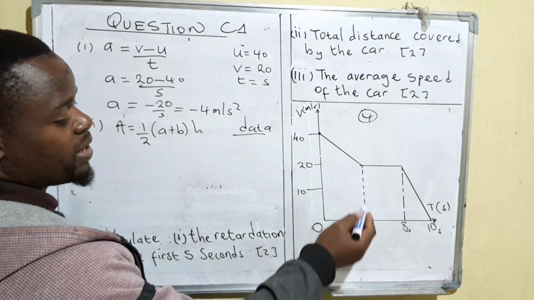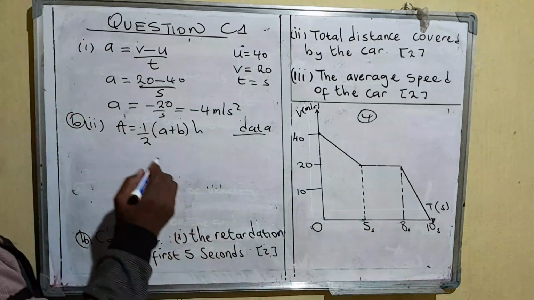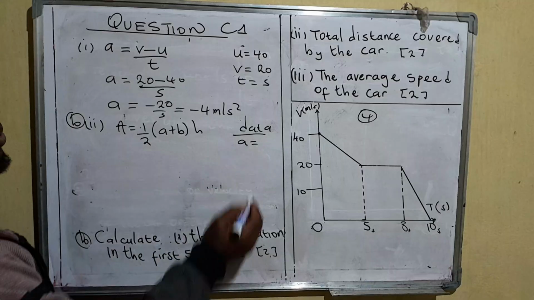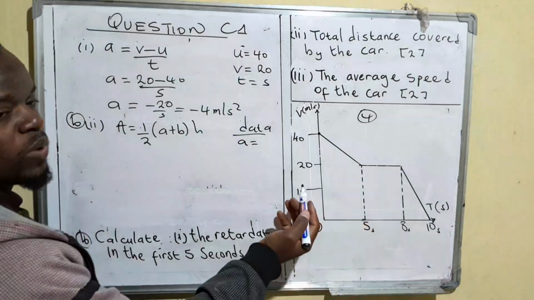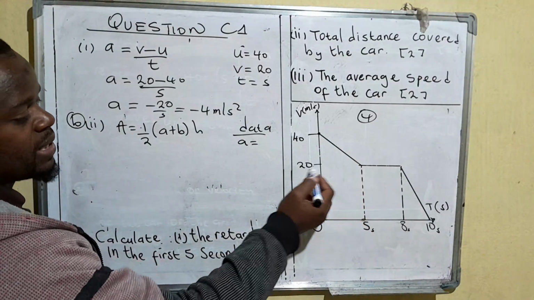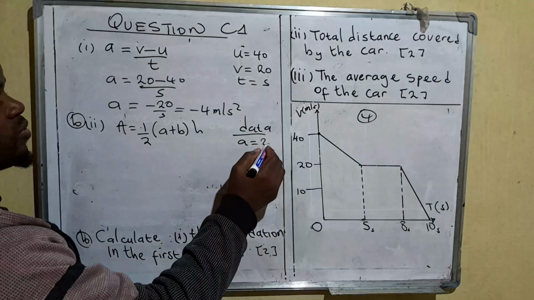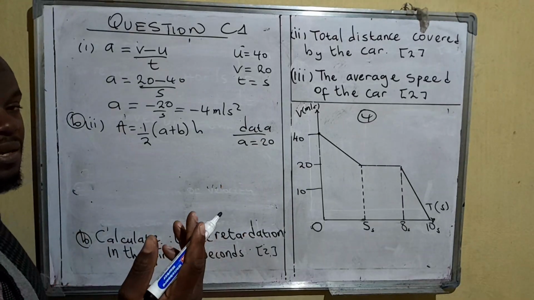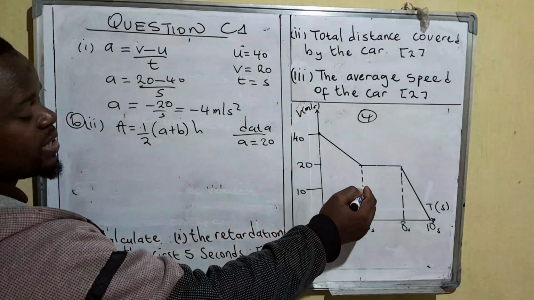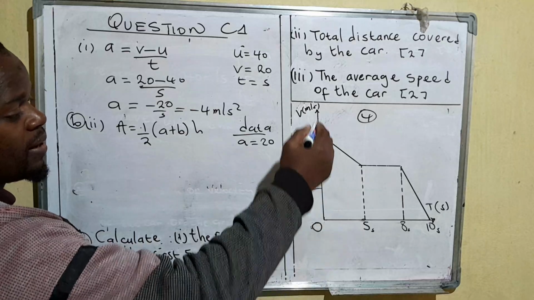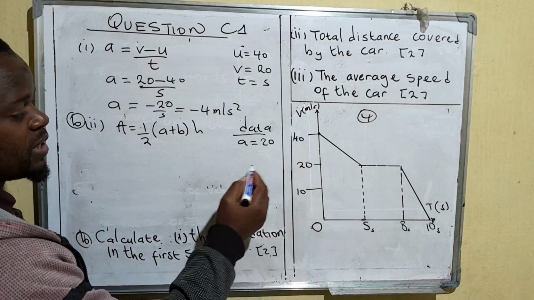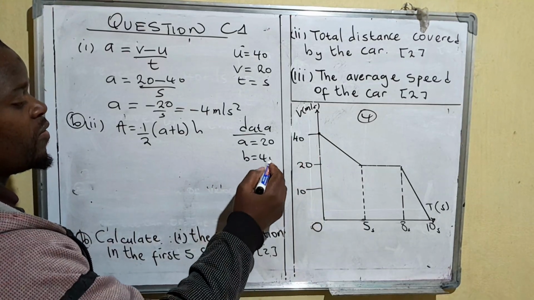It's this one, from here to there. So A is equal to, what is from here to there? It's 20, right? So A is equal to 20. Then B is the other side, which is parallel to this side. It's this one. From 0, that's 40. So B is equal to 40.